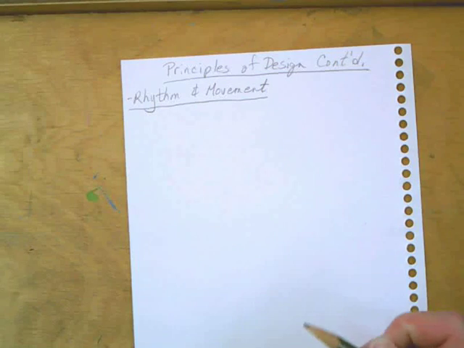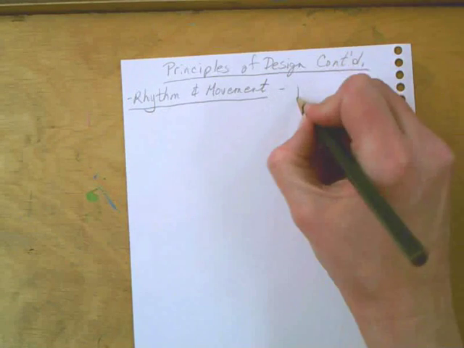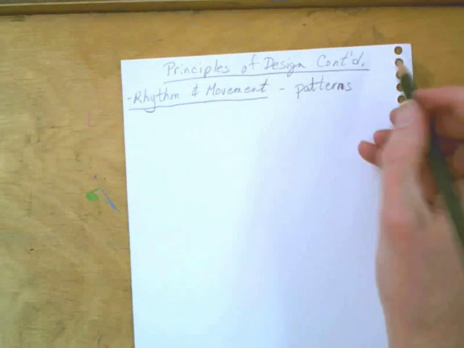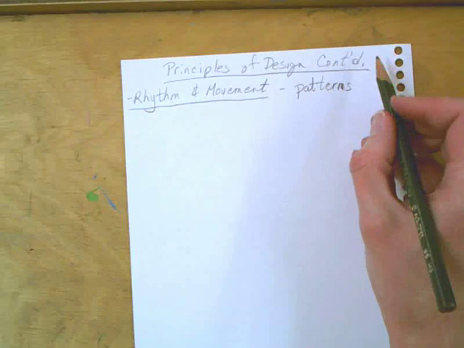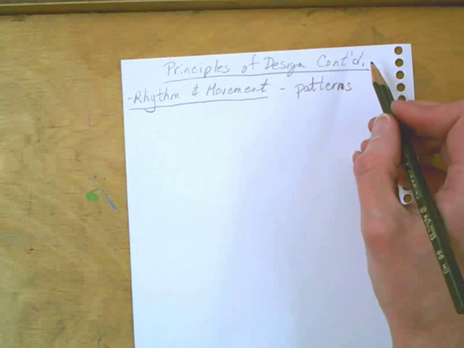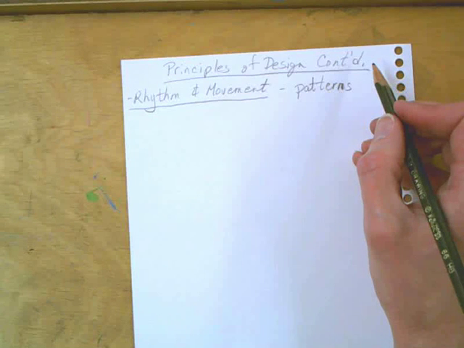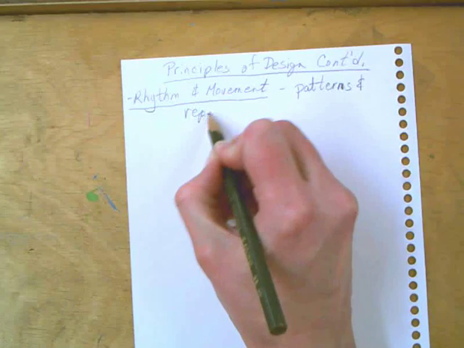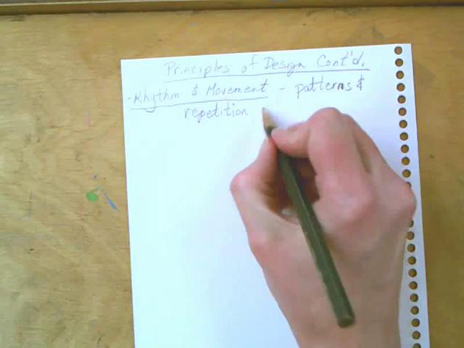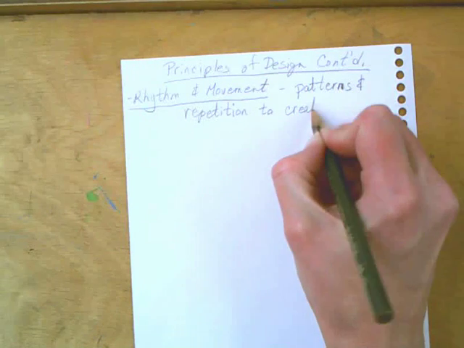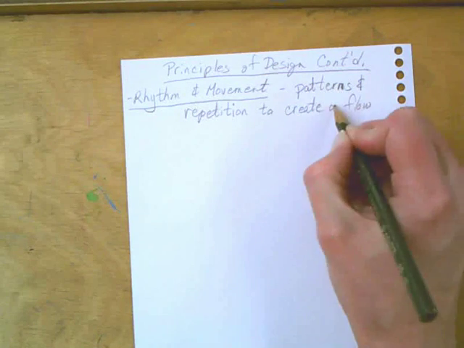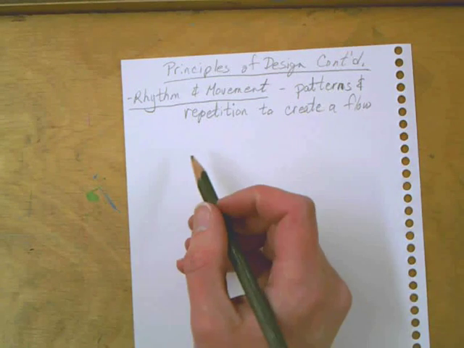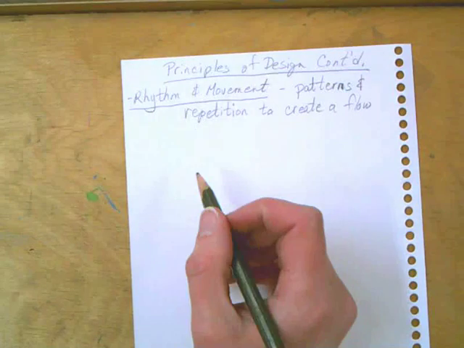Rhythm and movement is patterns and repetition to create a flow in your painting or drawing.